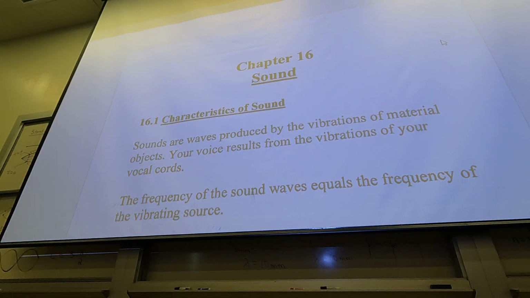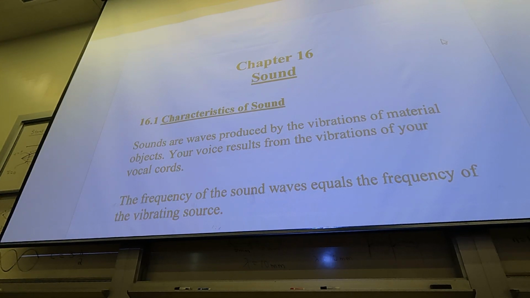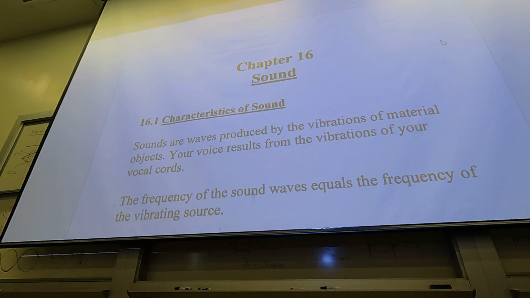When we move on to another chapter and we talk about electromagnetic wave propagation, light being an example of an electromagnetic wave, light waves can travel in vacuum. And proof of that is that we can see the sun. Well, during the day, and it is not cloudy, of course.